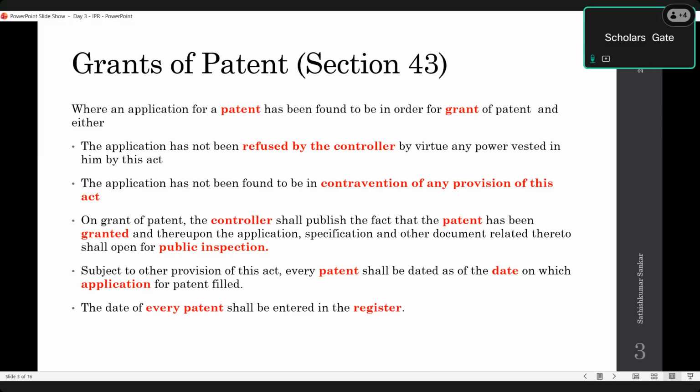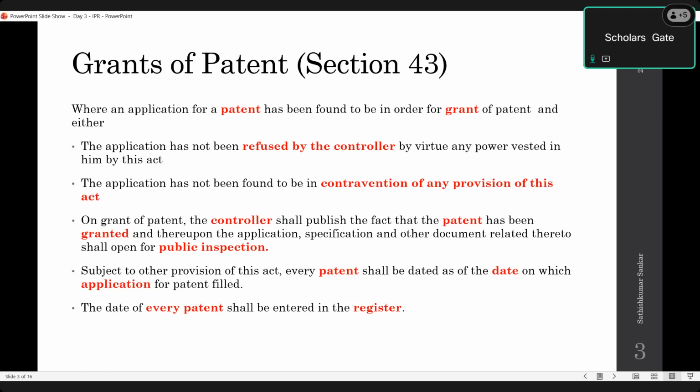The application has not been found to be in contravention of any provision of this Act. That's the most important thing. As I already mentioned, under the provisions of this Act, if a secrecy direction under Section 35 is imposed on a particular invention, that patent does not proceed further.